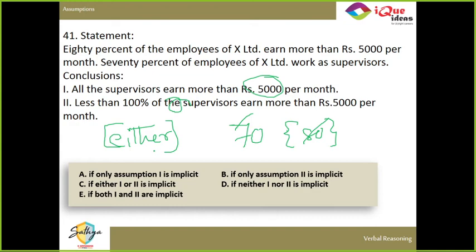So it has to be either A or B. Either one is true. Now do you understand what either-or means? I hope everybody understood one of the rare examples of either-or.